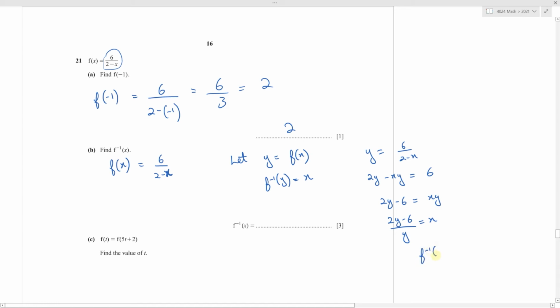So I have f inverse of y equals to this, 2y minus 6 over y, and this will give me f inverse of x. I'll substitute y with x here, 2x minus 6 over x. So f inverse of x is 2x minus 6 over x.